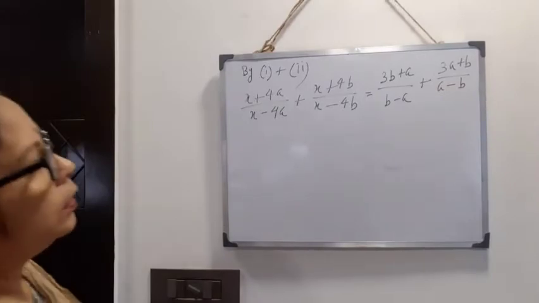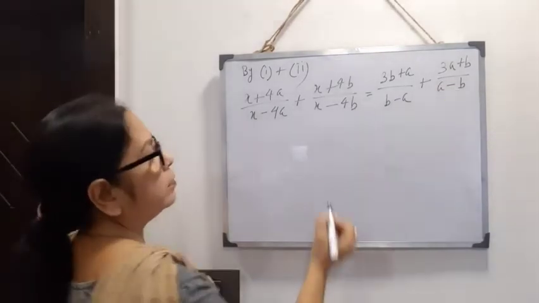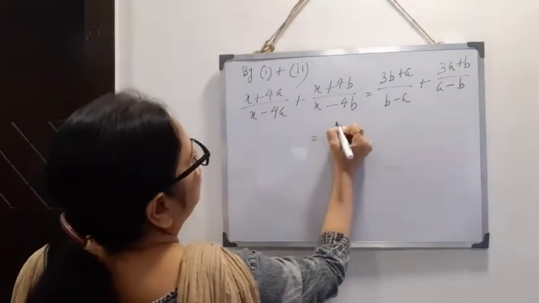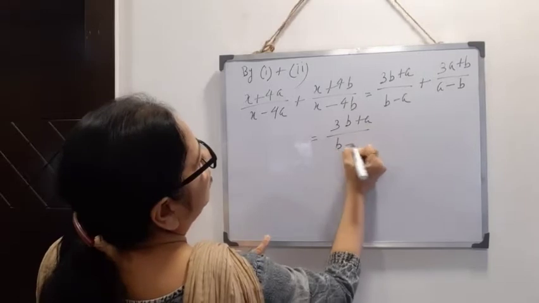Now see here, the denominator I have to make the same, so from here I will take the minus sign common, so it is becoming (3b plus a) by (b minus a).